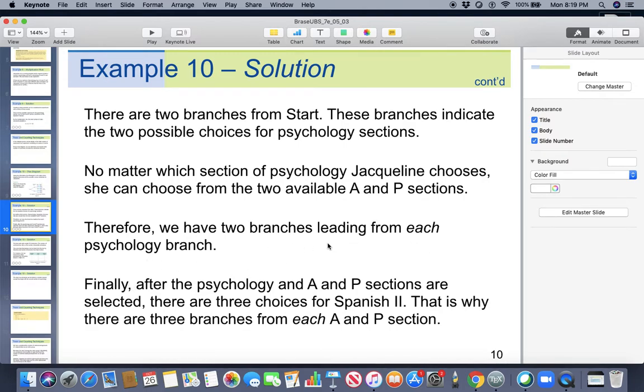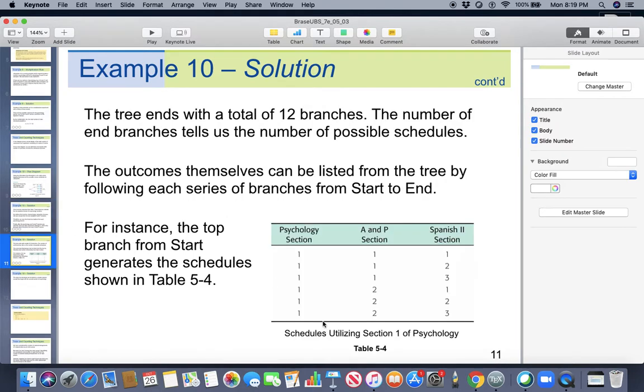So, you are done with psychology, you are done with A and P. Now, after psychology and A and P sections are selected, there are three choices for Spanish too. That's why there are three branches from each A and P section. So, psychology, A and P, and Spanish. So the tree ends with a total of 12 branches.